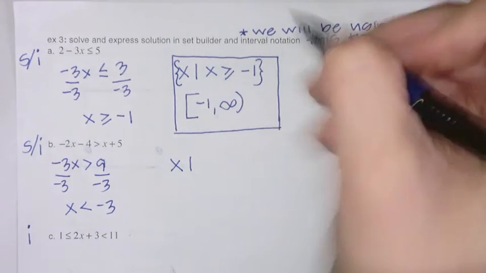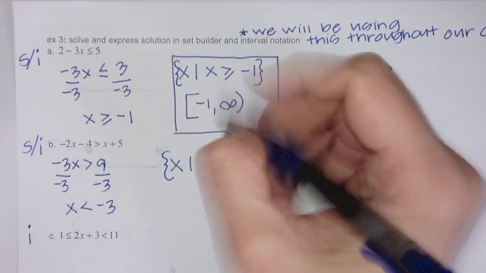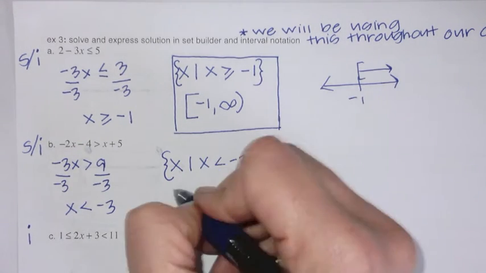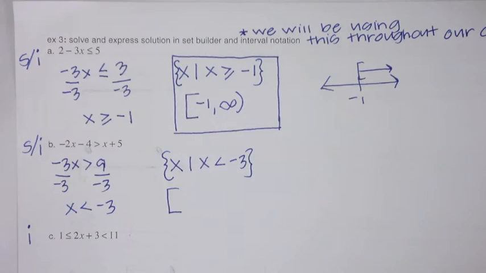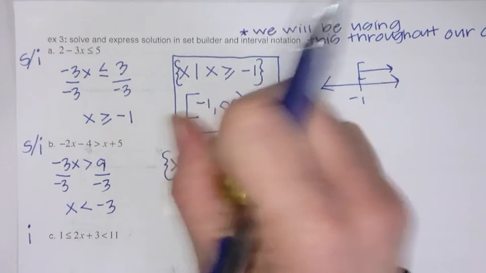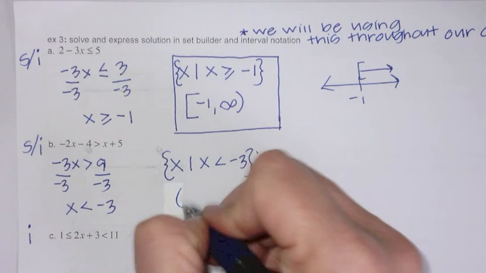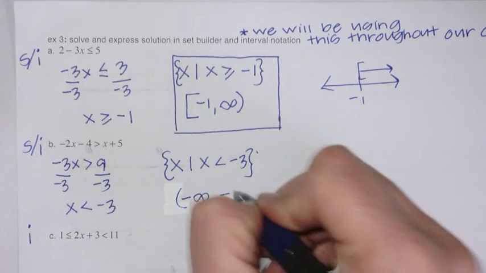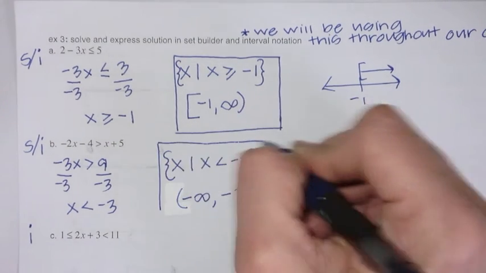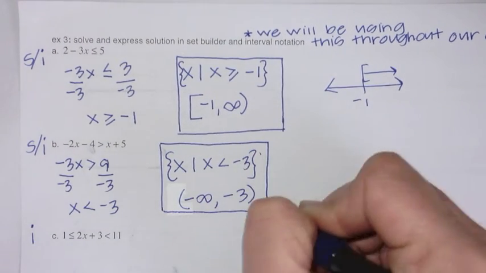That was silly. x such that x is less than -3. And this one would be from, just getting crazy with my brackets, the smallest number is actually -infinity, and the biggest number it can get really close to but not equal is -3. So again, just draw the graph if you need it.